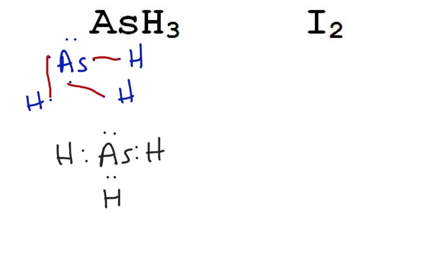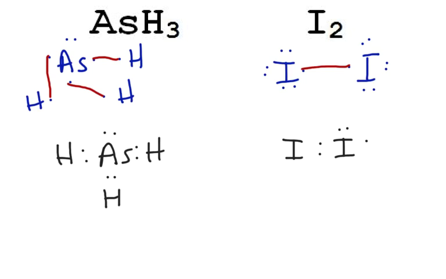And we still have a lone pair on our arsenic. Okay, here we have iodine. Iodine we know is in family 7, so 1, 2, 3, 4, 5, 6, 7. And here's another iodine. 1, 2, 3, 4, 5, 6, 7. So we can see each of these has 1 electron to share. So we put it together. Iodine, iodine, and each of the iodines has 3 lone pairs.